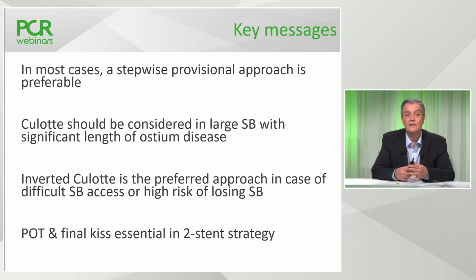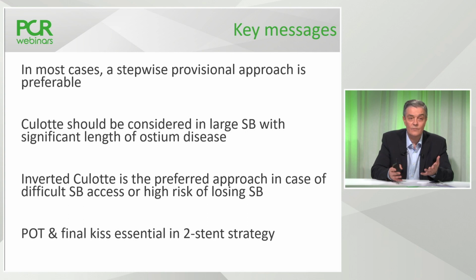And this is a Culotte session, so we should consider Culotte if we have a large side branch with significant length of ostium disease that we want to stent. But we could also select inverted Culotte as the preferred approach in case of difficult side branch access, or if we estimate a very high risk of losing the side branch.